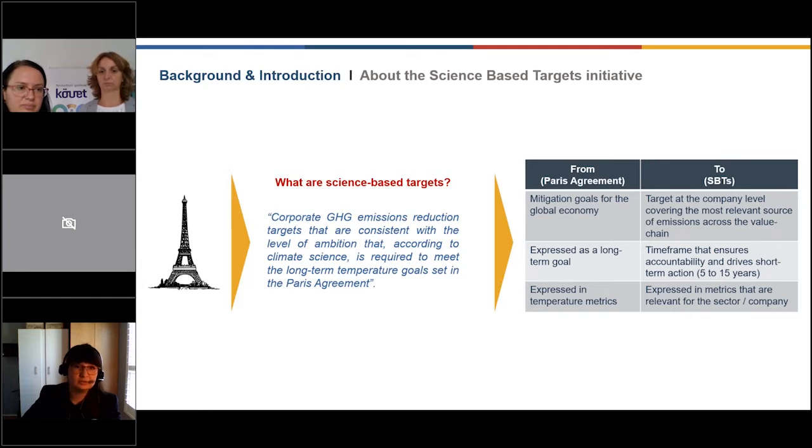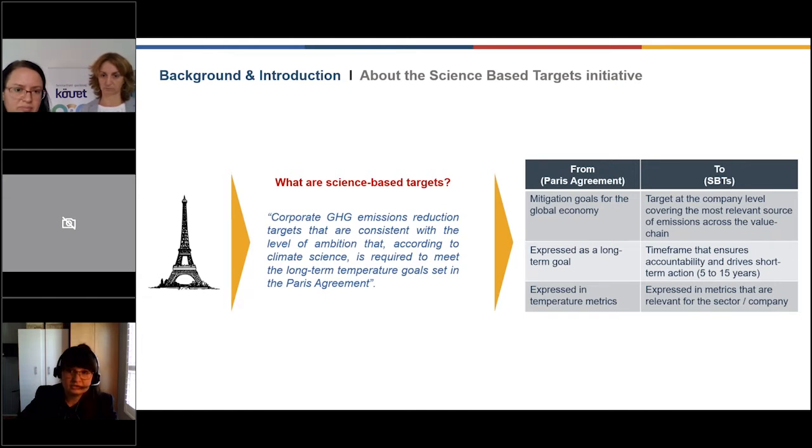That's our ultimate goal, but also understanding that the well below 2°C goal is also in line with the latest climate science. So we translate the goals and outputs of the Paris Agreement to outputs that are relevant for companies.